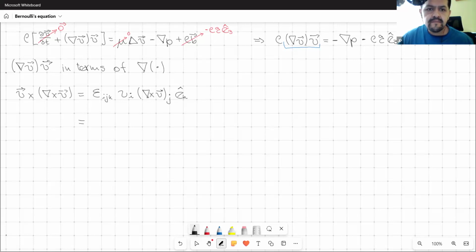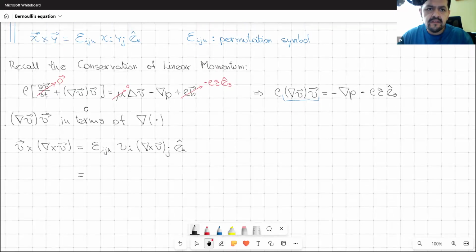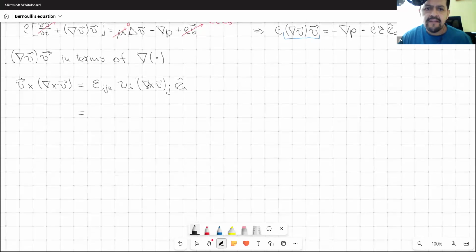Next, we will apply the same argument of the cross product, but between the nabla operator and the vector b. That essentially gives us epsilon ijk times b_i times, inside this, we can now take this as epsilon mnj.